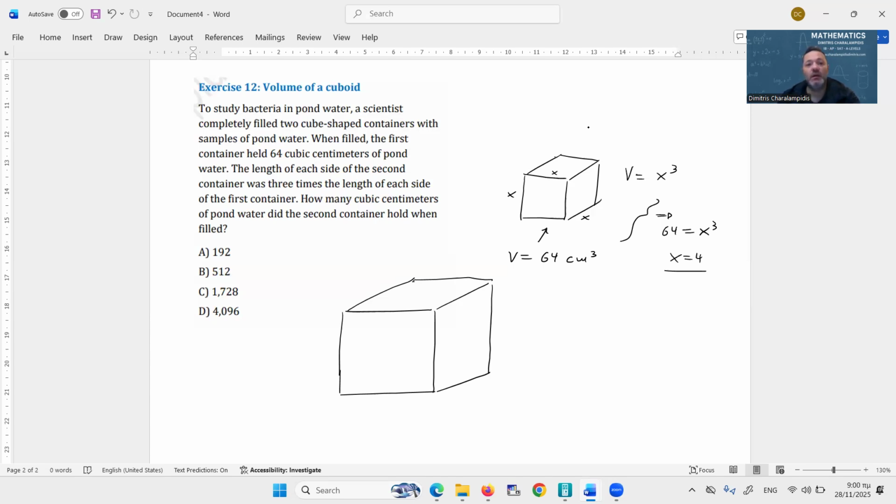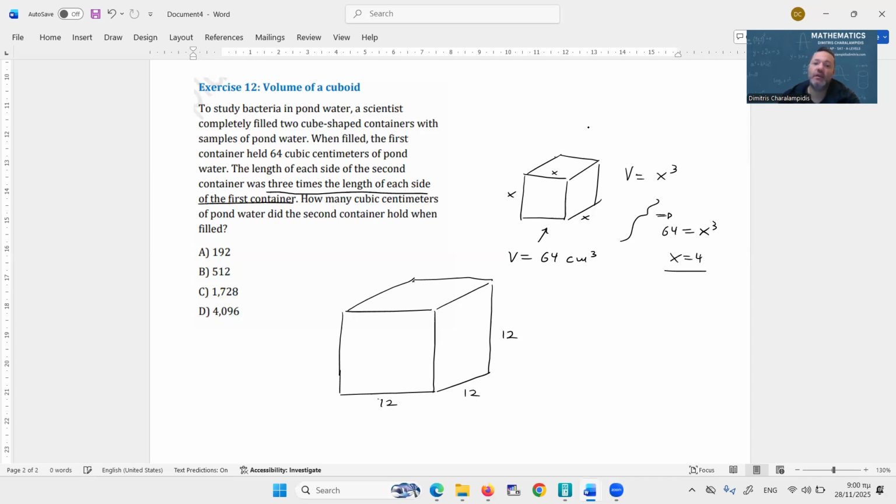Now, the sides of the bigger one, of the second cube-shaped container, are 3 times the length of each side of the first container. So, if the first one was 4, then the second one would have been 12, 12, and 12.